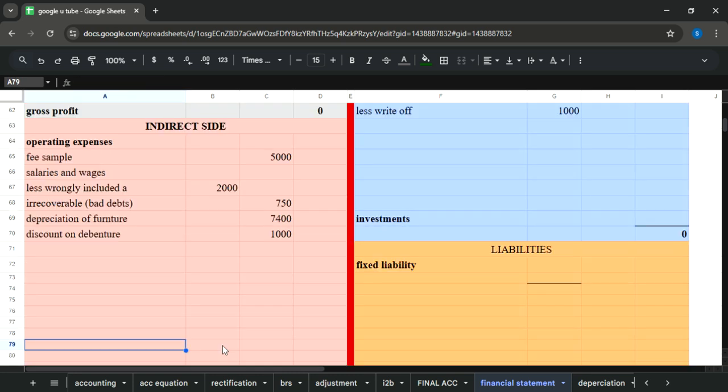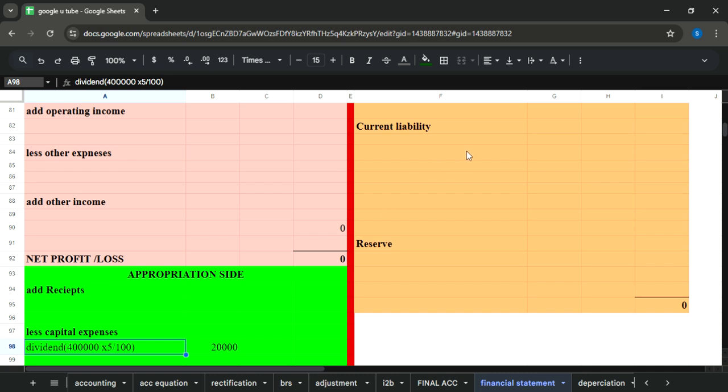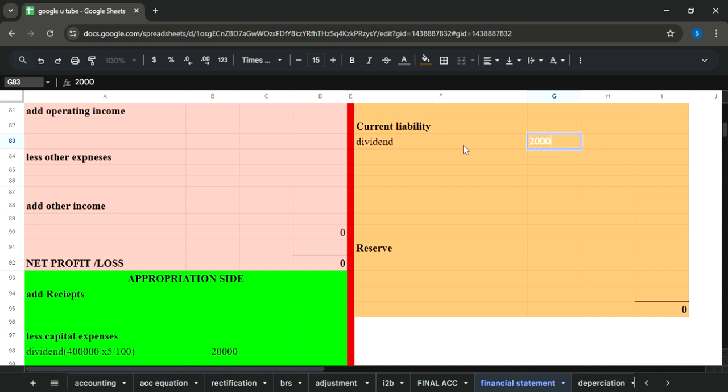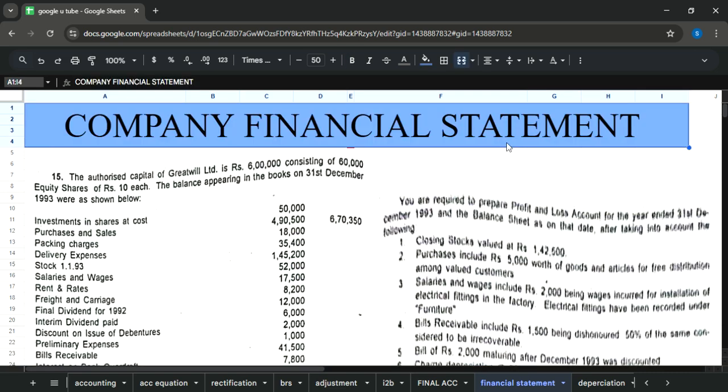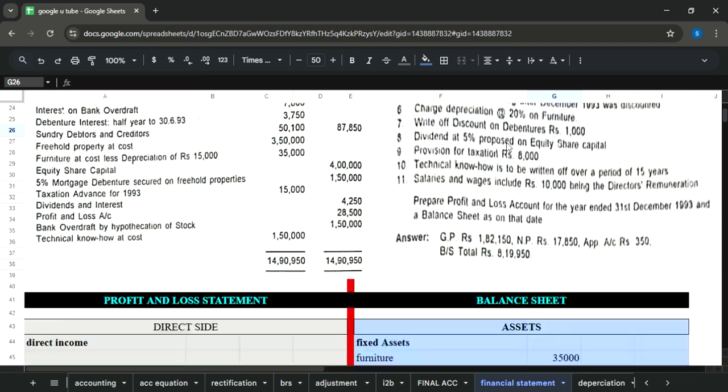Dividend is calculated. Now you will go to current liability side and here you will mention dividend. 20,000 we have just calculated would also be shown in current liability side. Alright guys, so this was adjustment number 8.